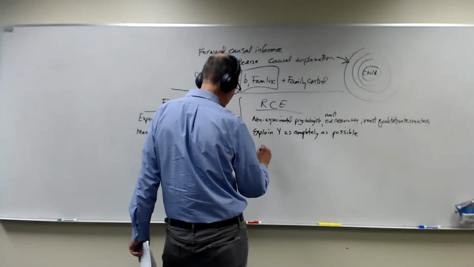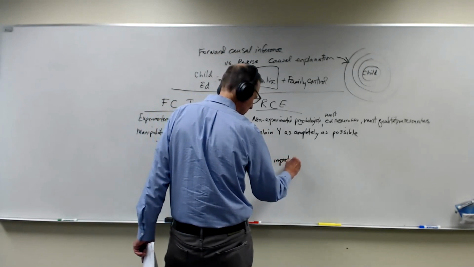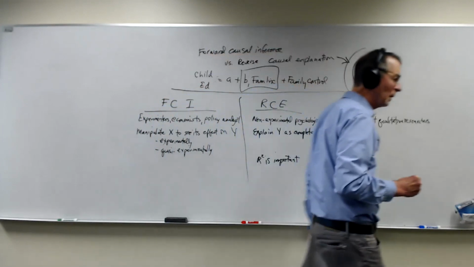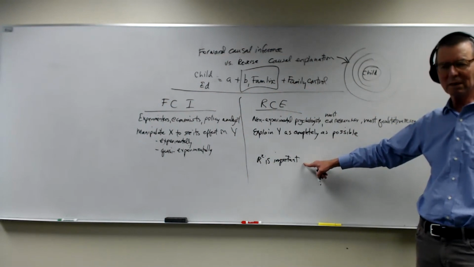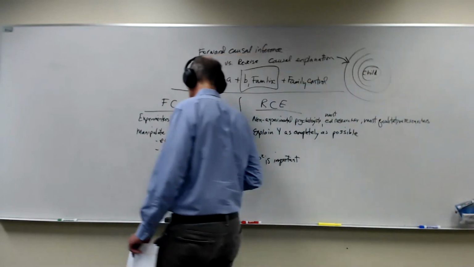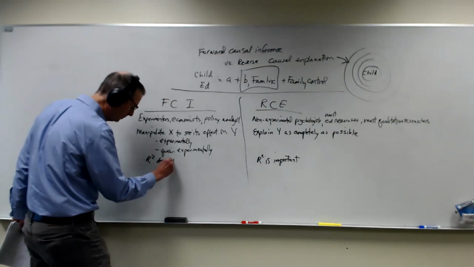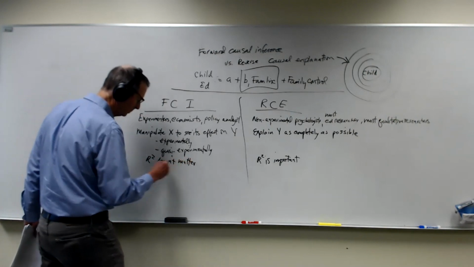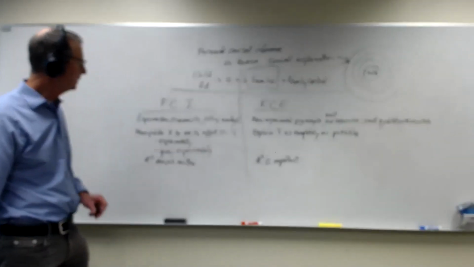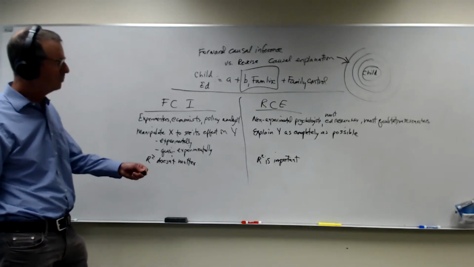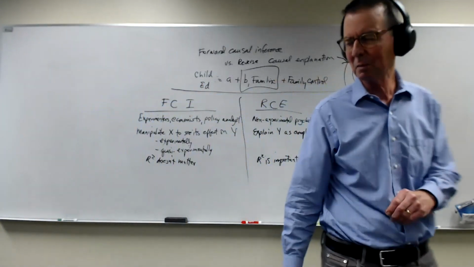For the reverse causal explanation people, R squared is important. It's kind of a measure of how you're doing. If you're trying to explain things as completely as possible, the higher the R squared, the more complete your explanation is. For forward causal inference people, R squared doesn't matter. So if I'm trying to isolate the effect of family income on child education, we talked before about how additional control variables sometimes help reduce the standard error and make a more precise estimate.